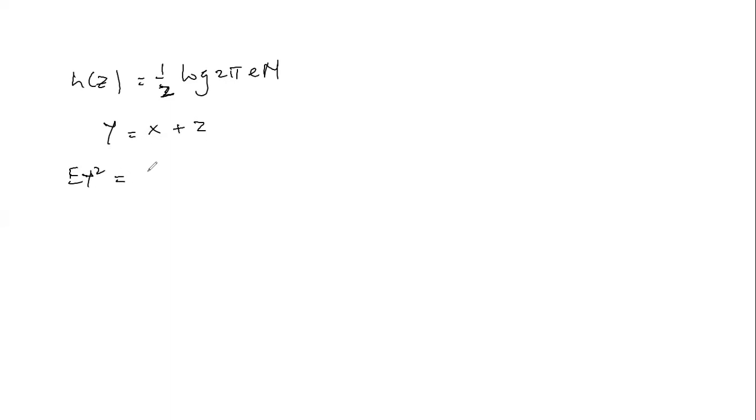So if we take the expectation value, then we can also take the expectation value of X plus Z all squared. Now once we resolve this, X plus Z times X plus Z, that'll be X squared plus XZ plus XZ plus Z squared.